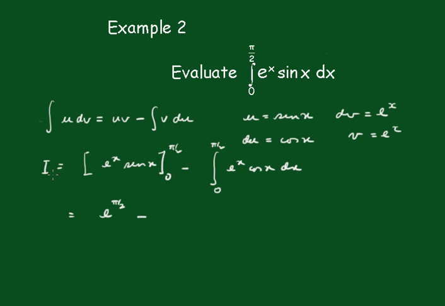We'll call this one I1, and we'll call this one I2. So our original integral, this one here, we're going to call I1, right? Okay, so let's work out this integral. Again, doing the same sort of thing.